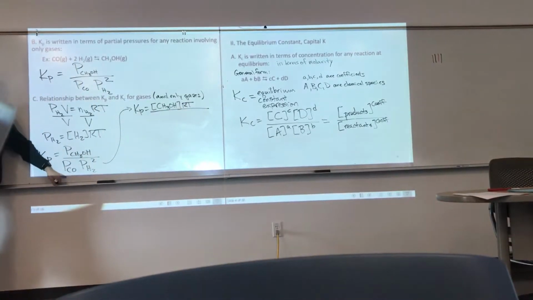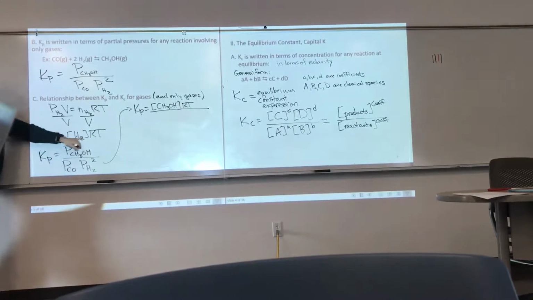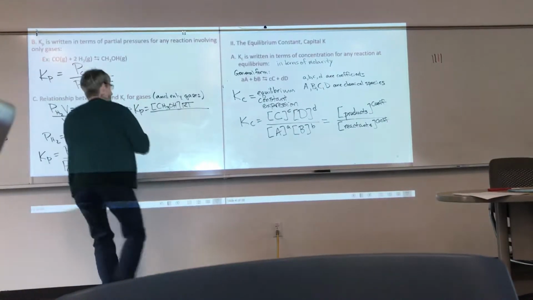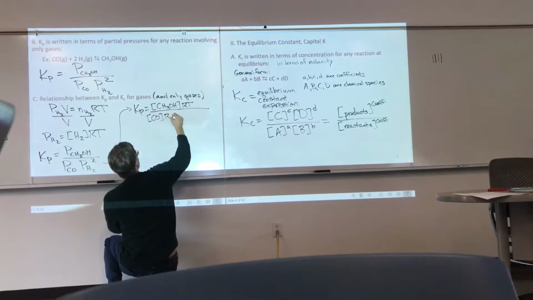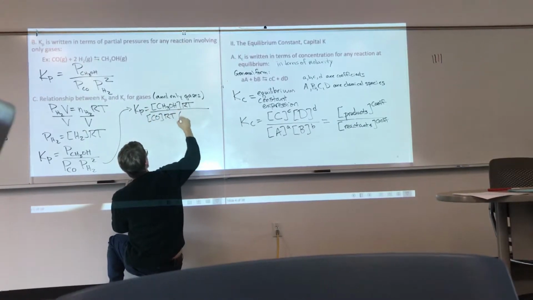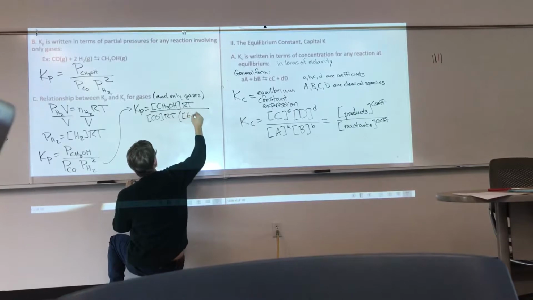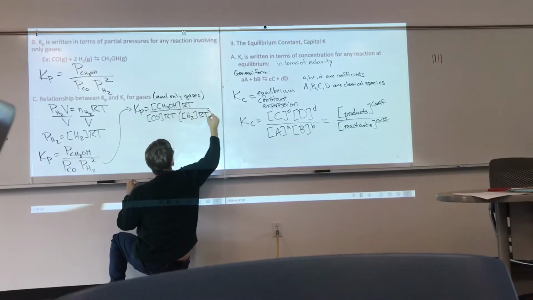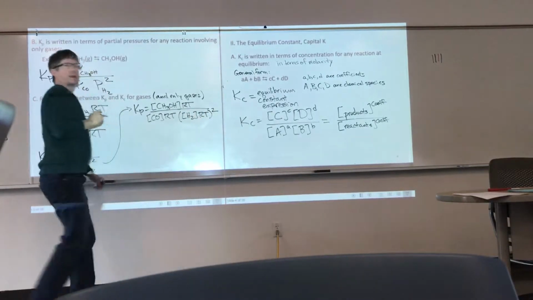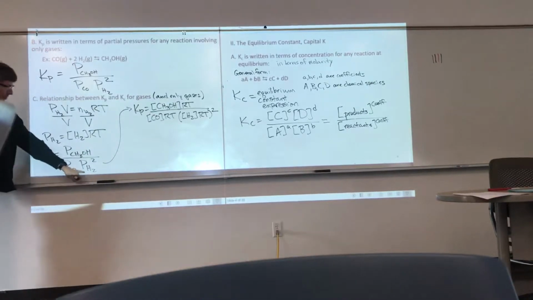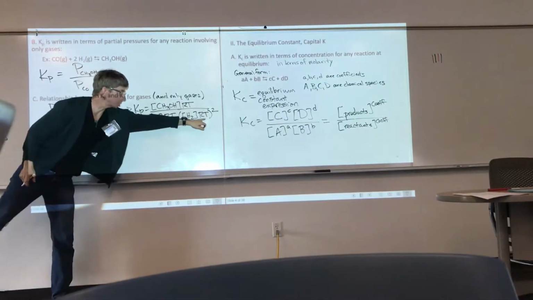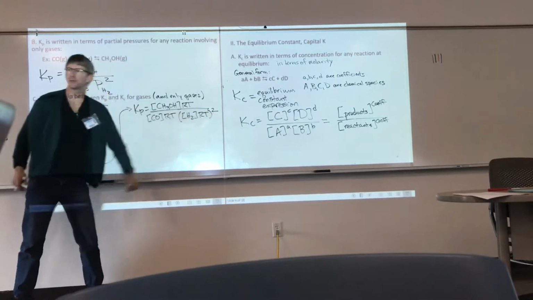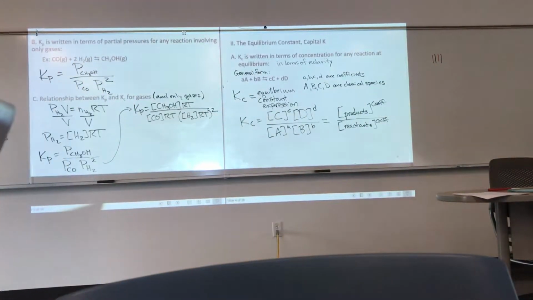Partial pressure of carbon monoxide equals concentration of carbon monoxide times RT. And because the partial pressure of hydrogen is squared, I've taken the whole thing and squared it for hydrogen. So mathematically, I think we're doing all right so far.